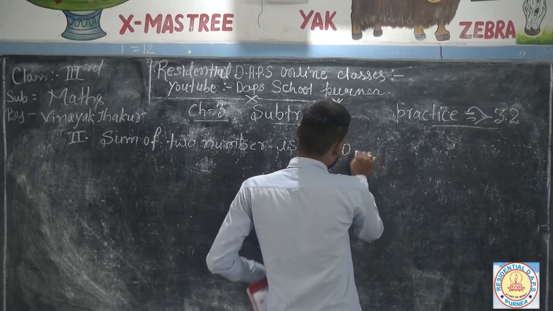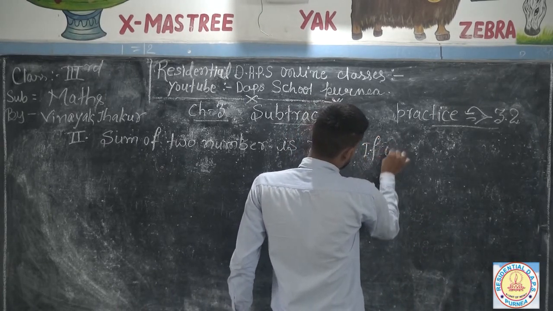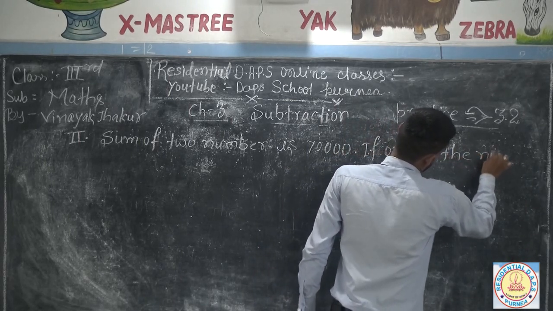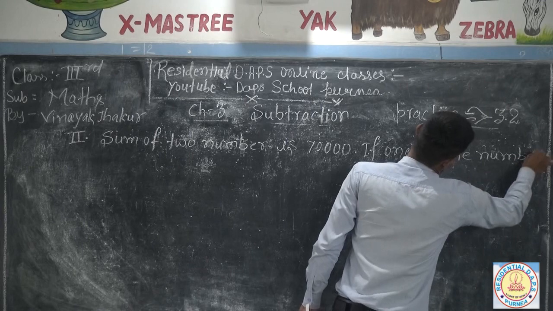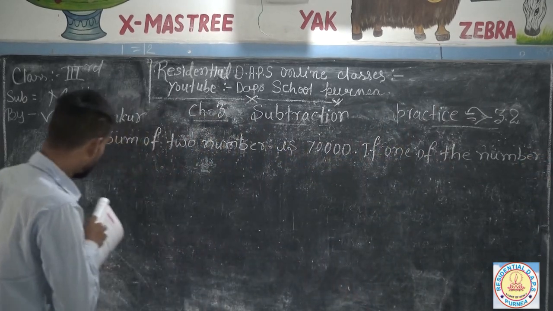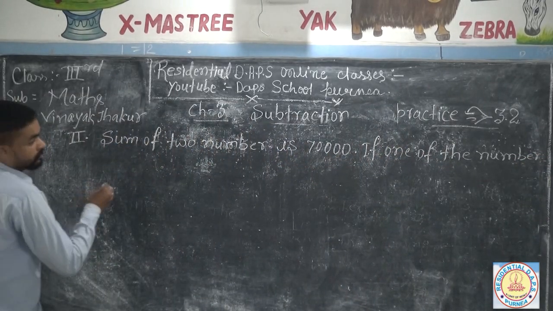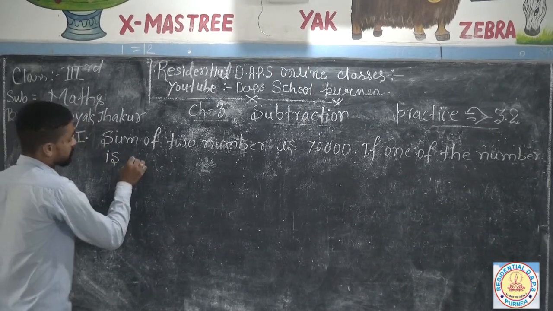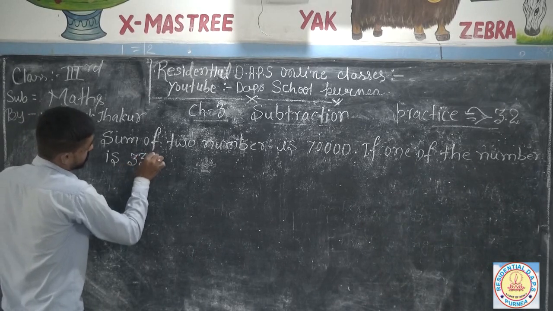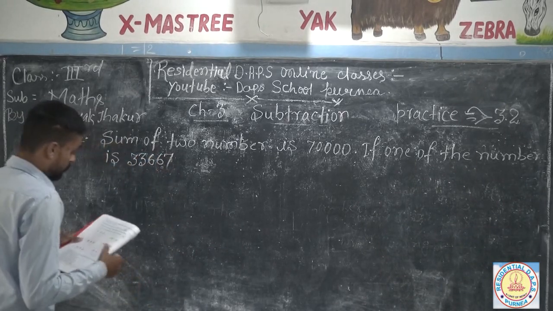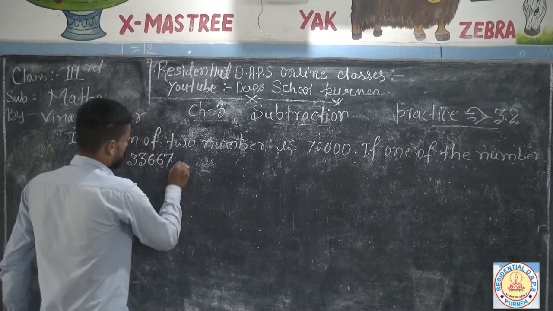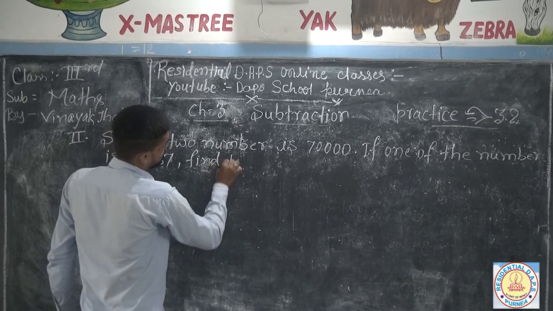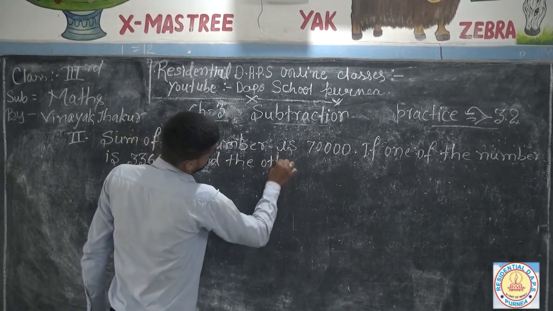If one of the numbers is 33,667, find the other number.